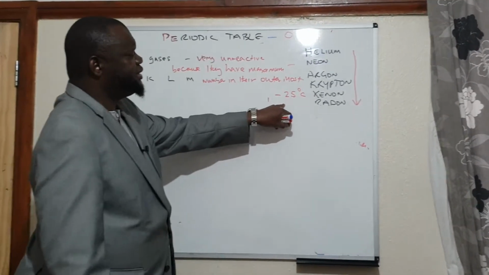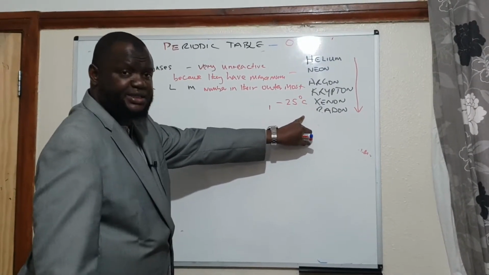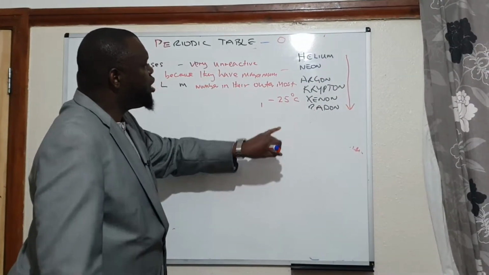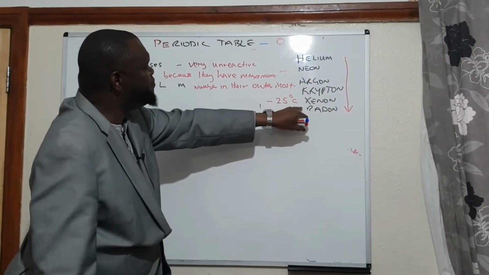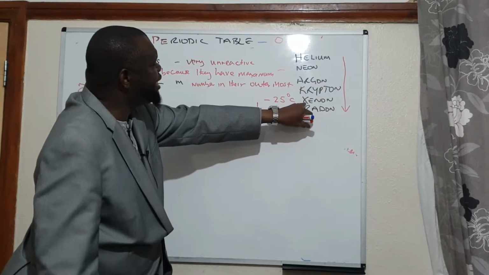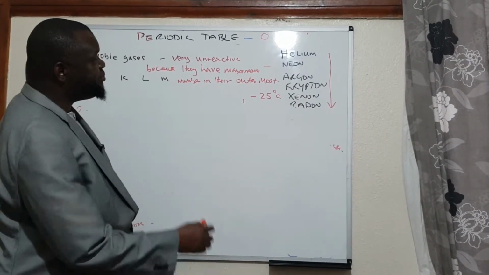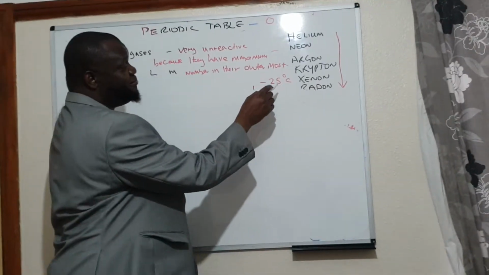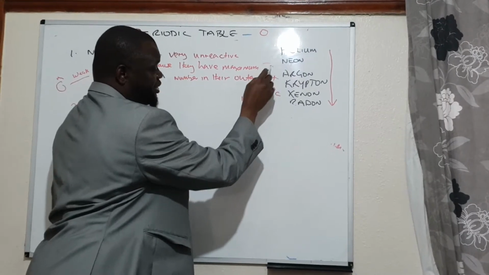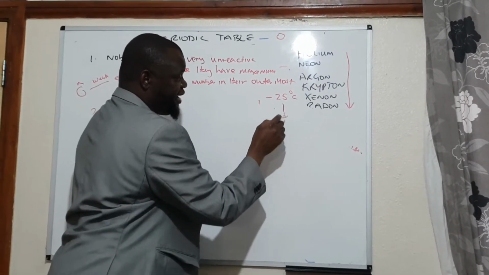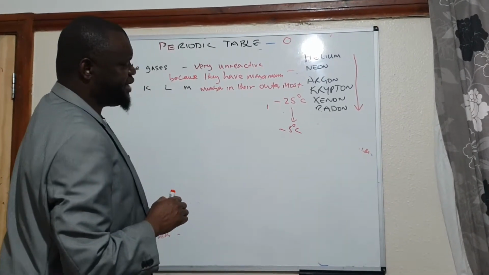Neon is how many elements up? 1, 2, this is the third one up. So you can know that the boiling point of xenon is minus 25, and that of neon will have to be lower than that. Maybe minus 5 degrees centigrade, you can be talking about that.